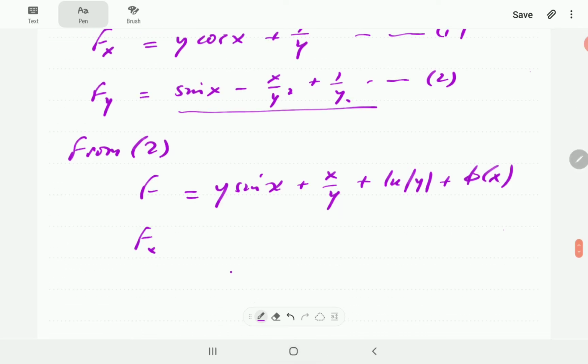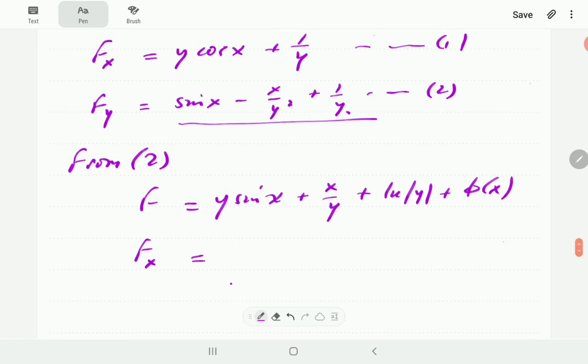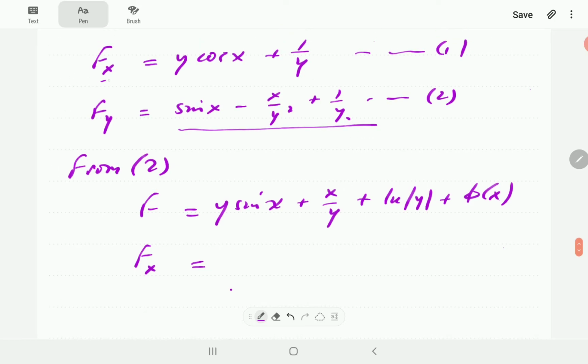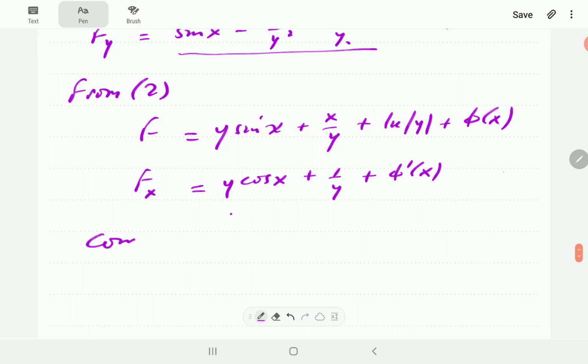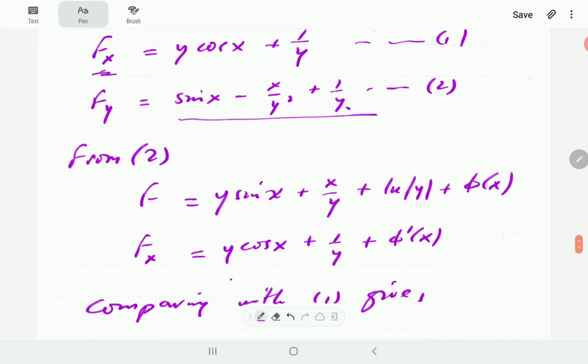Since we're integrating partially, this time this is going to be plus some function of x. Then we differentiate this now with respect to x, which we're going to compare with this one. So derivative of the first term with respect to x is going to be y cosine x plus 1 over y plus phi prime. Comparing with 1, you can see that this term is exactly the same as this one, and this one is exactly the same as that.